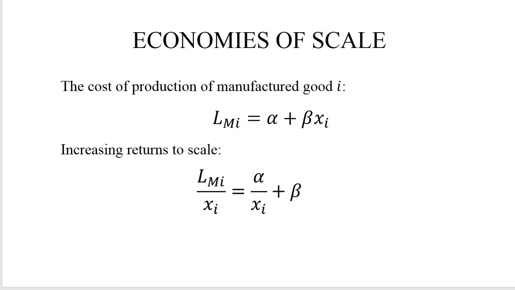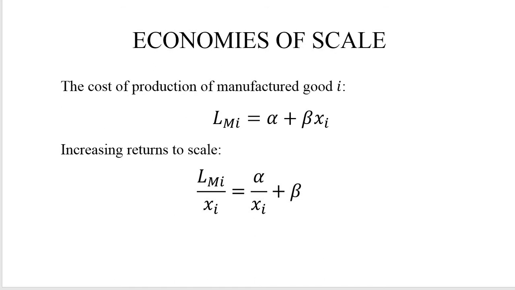As usual, we assume economies of scale, and this feature is captured by the cost function. So here you have cost of production expressed in real terms, which means that it is expressed in terms of labor requirement. So LMi stands for number of units of labor force employed in manufactured sector a_i.